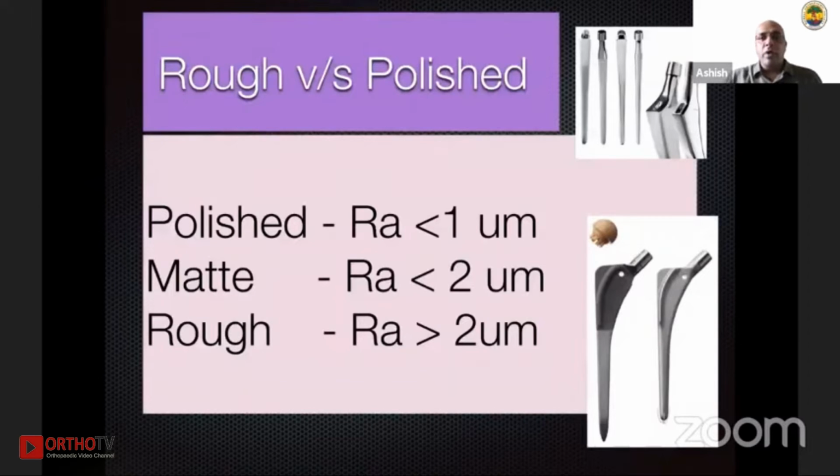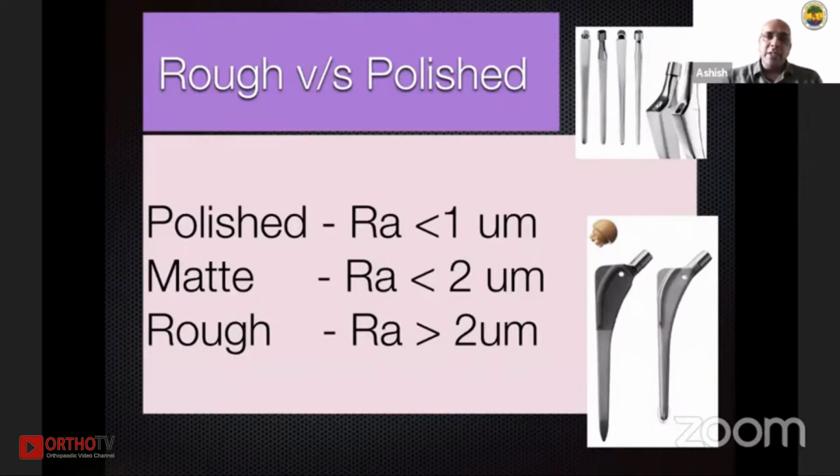A few quick brief concepts about the polish or the surface roughness of the stem. The stem could be polished, and engineers use a factor called the Ra factor, which indicates the surface roughness of the stem. If it is a highly polished or shiny stem, the surface roughness or Ra value is less than 1 micron. If it's a matte finish, it's about 2 micron.